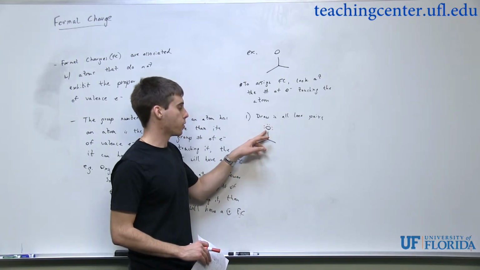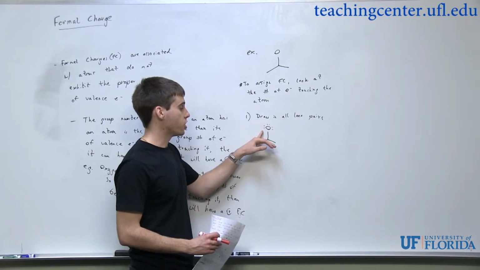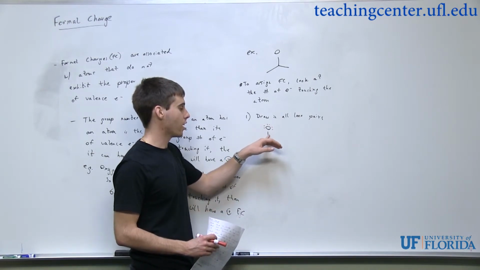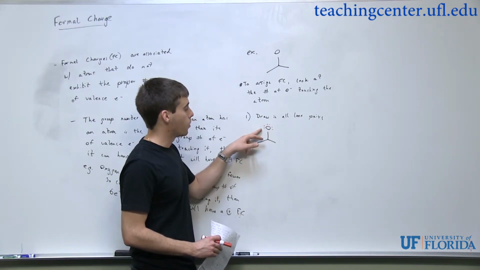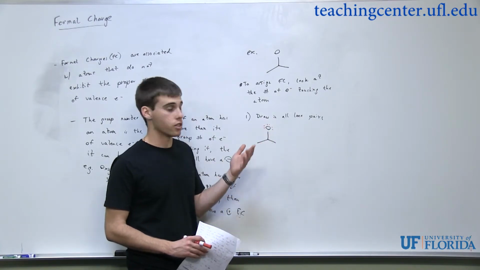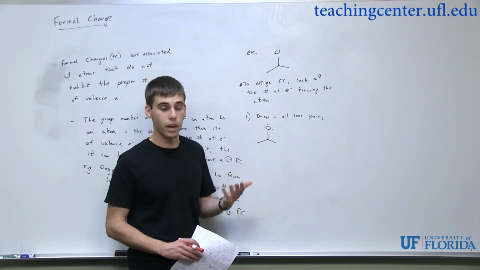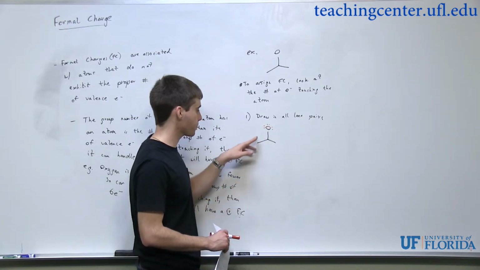One electron from the oxygen and 1 electron from the carbon are shared, so it ends up counting as 2 electrons in the shell of oxygen. So we've got 2 electrons to start, and now I have to add 6 more electrons, so 3 pairs, to get to 8 electrons in the valence shell.